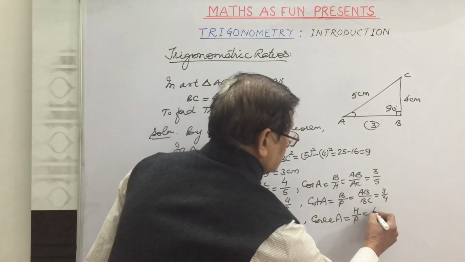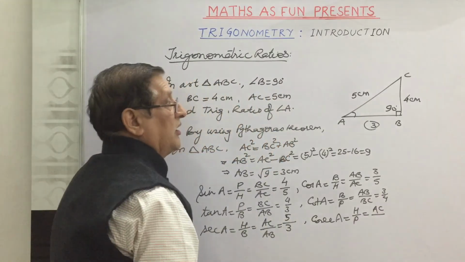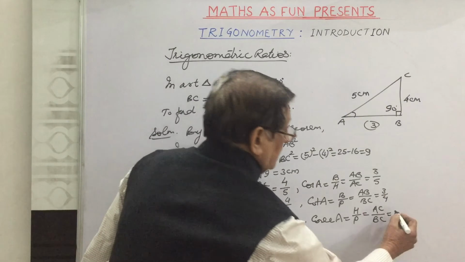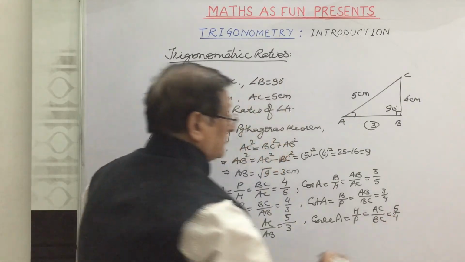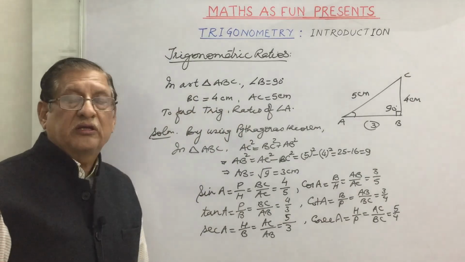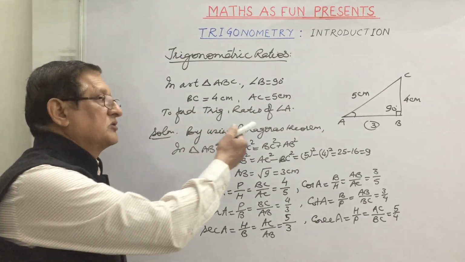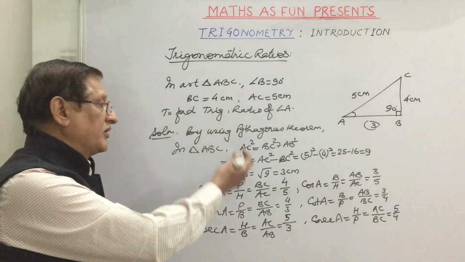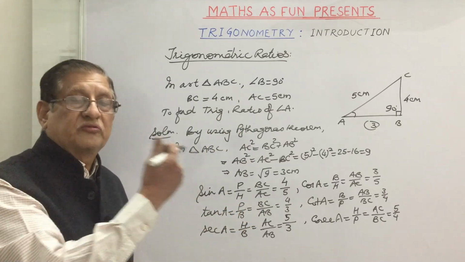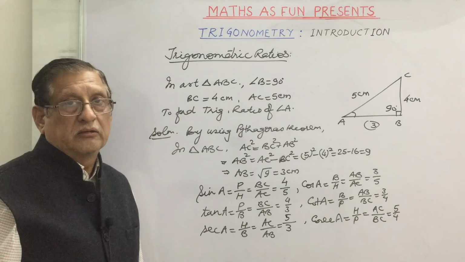Here in this case AC is the hypotenuse and BC is the perpendicular, so this will be coming as 5 upon 4. Like this, in case you are given only two sides of any of the right angle triangle, we can find out the third side, and then we can find out the trigonometric ratios for any of the acute angle of this particular triangle.